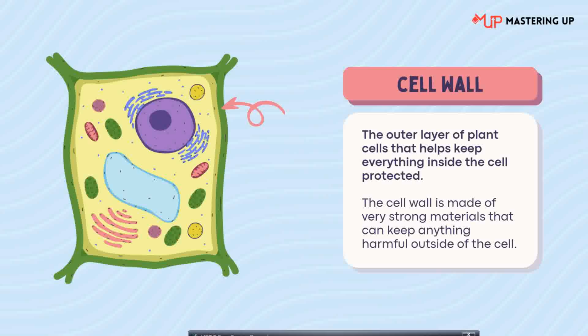But animal cells are devoid of a cell wall. This cell wall also helps to keep harmful things outside of the cell. The cell membrane also helps in that, but the cell wall is an extra protection to the cell membrane. And from this you can see that our animal cell is devoid of a cell wall.